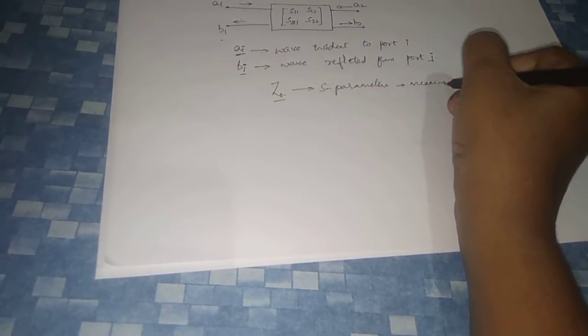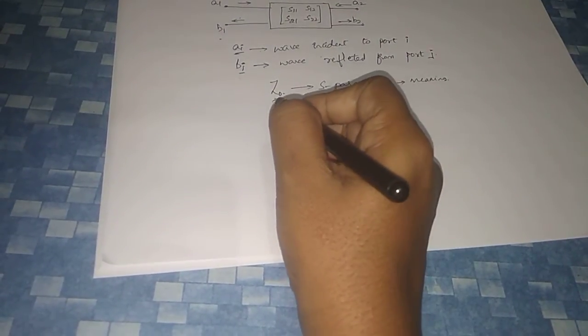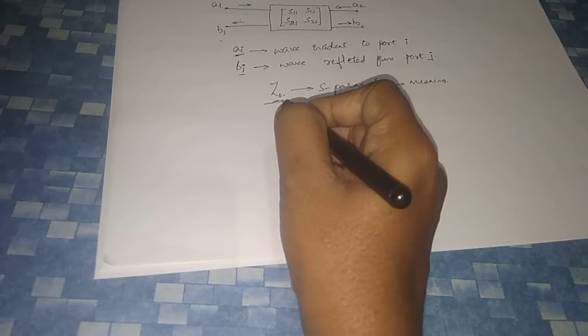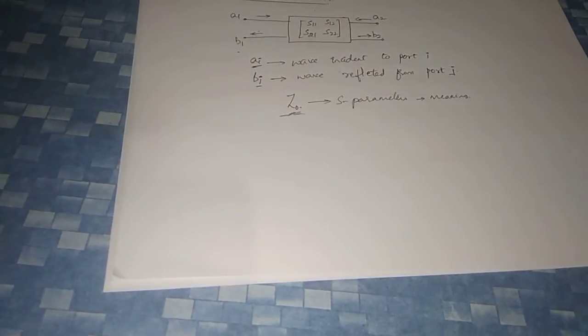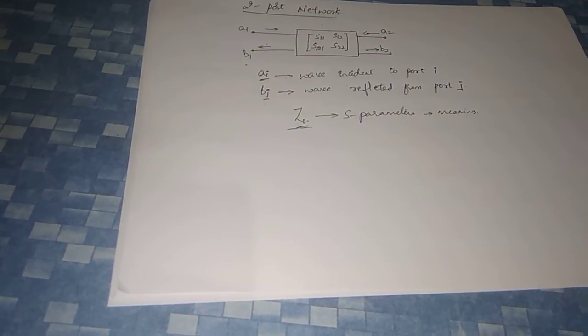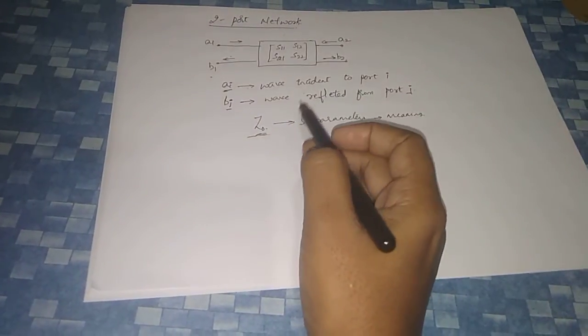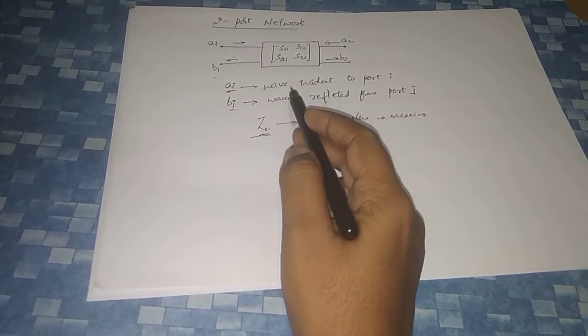That means the S parameters don't mean much unless we know the value of the reference impedance. If you don't know it, S parameters are nothing. You can't do anything with them.